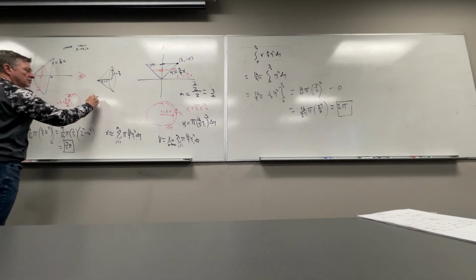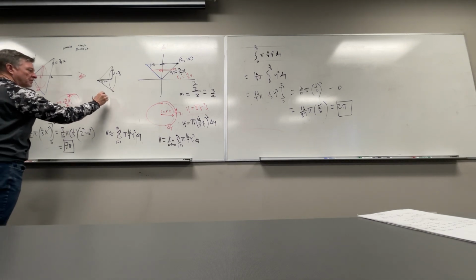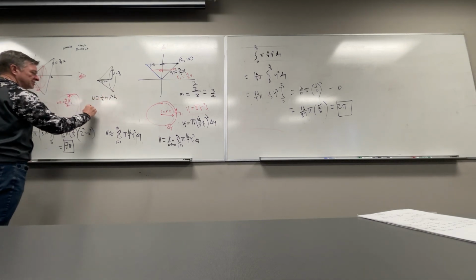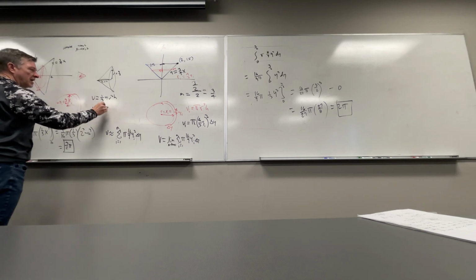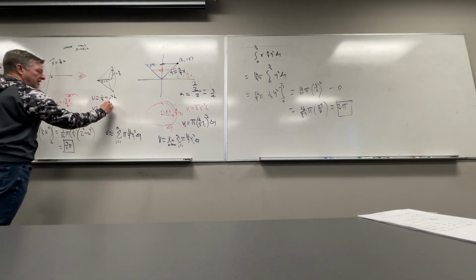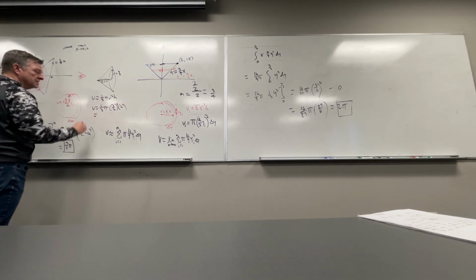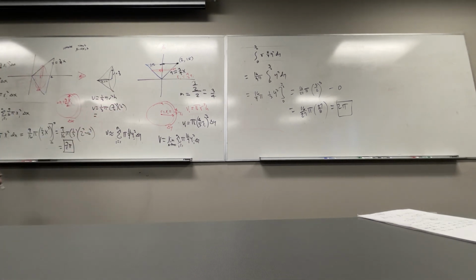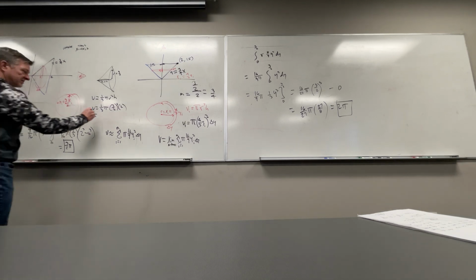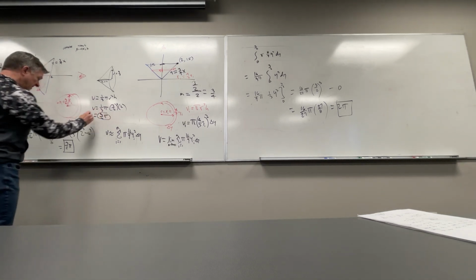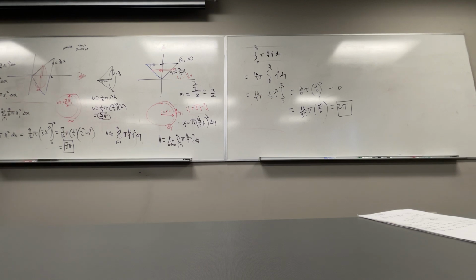The volume was 1/3 pi r squared h. So we have 1/3 pi times 3/2 squared times 2. We're going to have a 2 left over, and one of the 3's is going to cancel. So we're going to have 3/2 pi. So we're feeling pretty good about how that worked out.